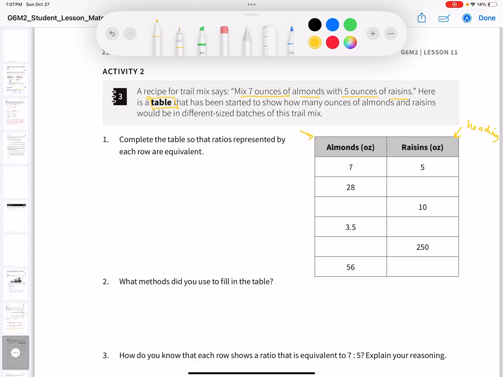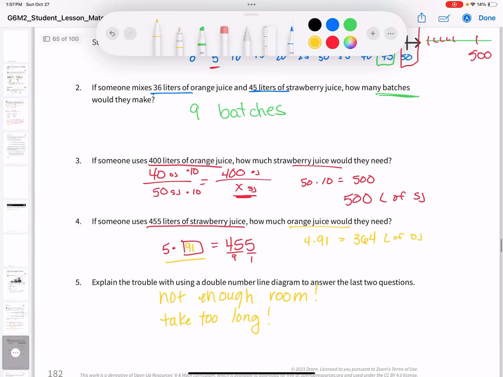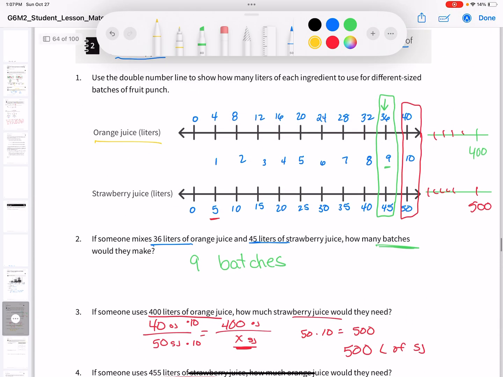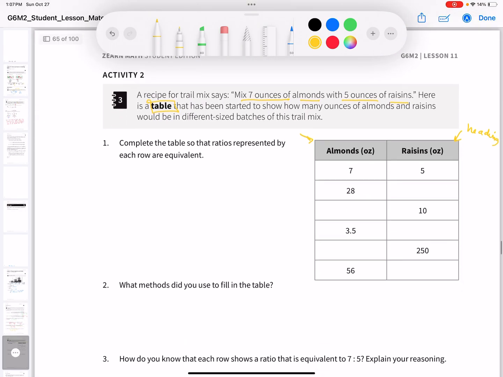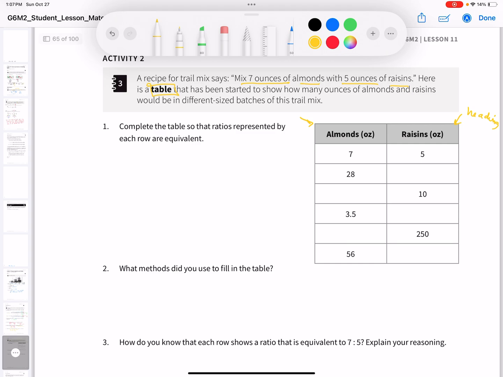It's always important to label, just like we do on a double number line, where we have our labels, okay? We must label our tables, okay? Now, the things going down are called columns, okay? And the things going sideways or across are called rows.